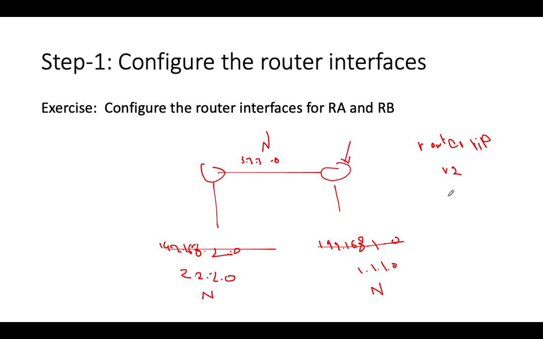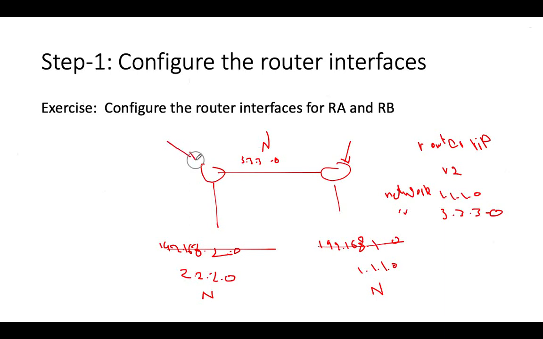For example, what links to that router? Okay, I'm going to type network. What network? 1.1.1.0. What else? Network 3.3.3.0. Okay, done.